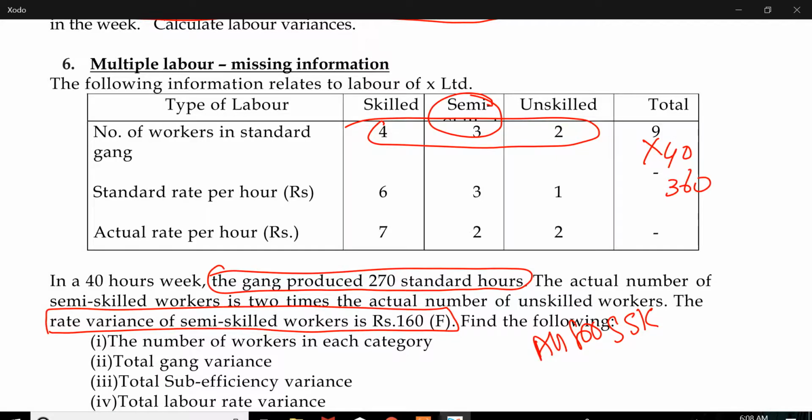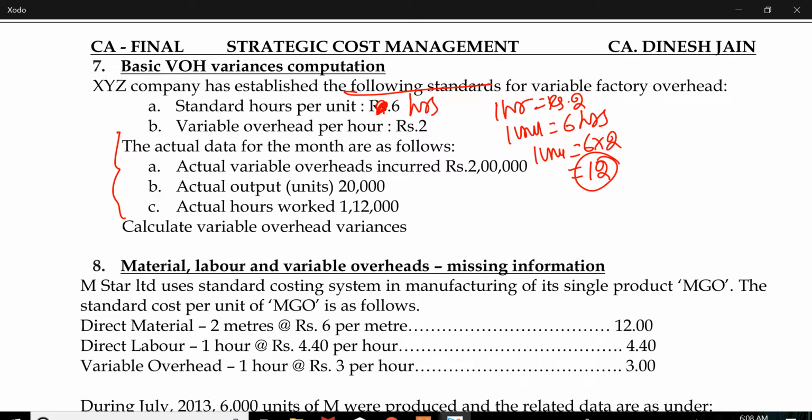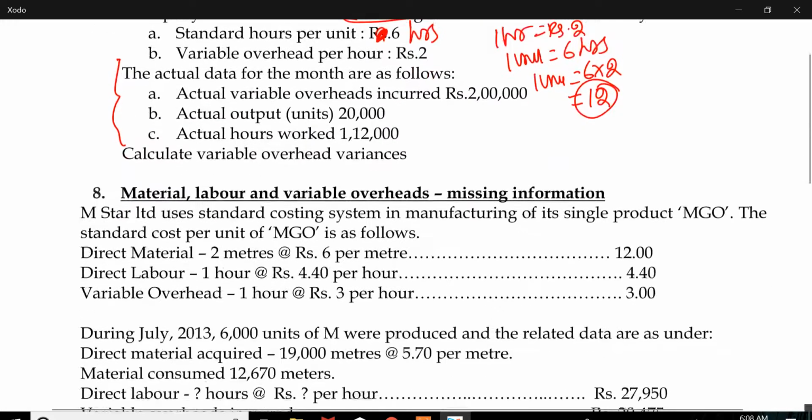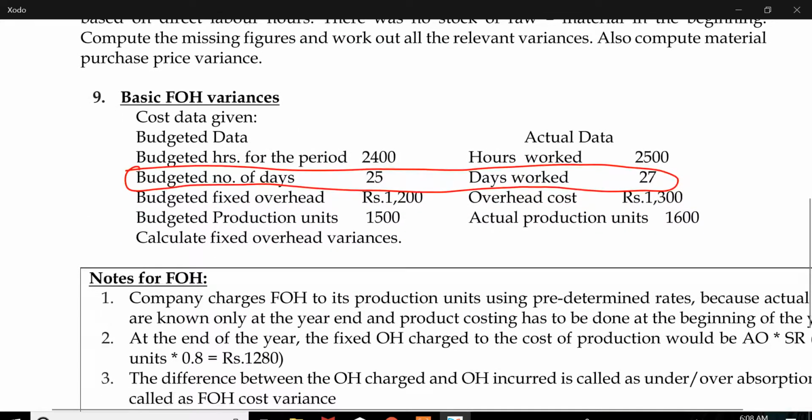Question number 6, no special adjustment. Question number 7, comprehensive problem for VOH variances.